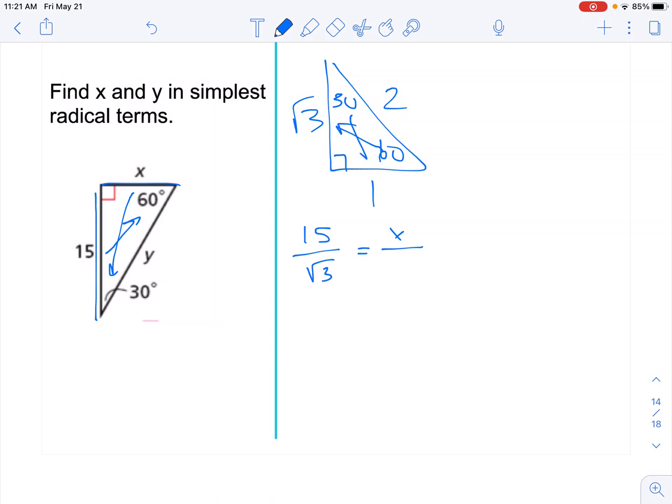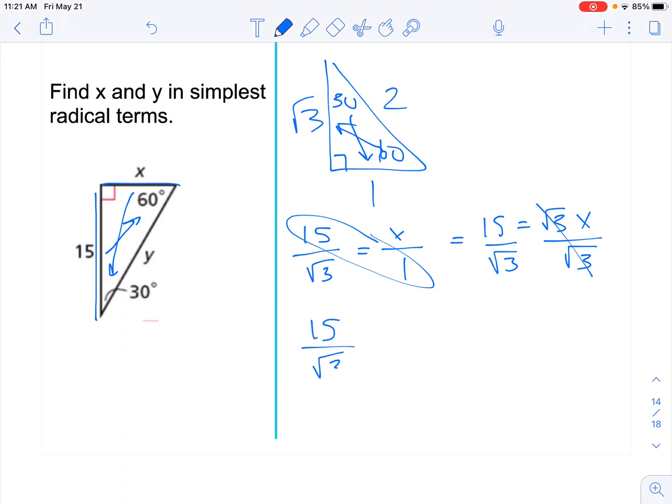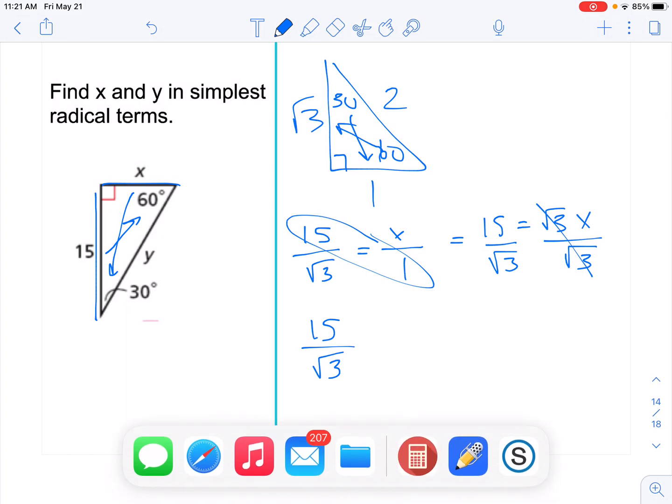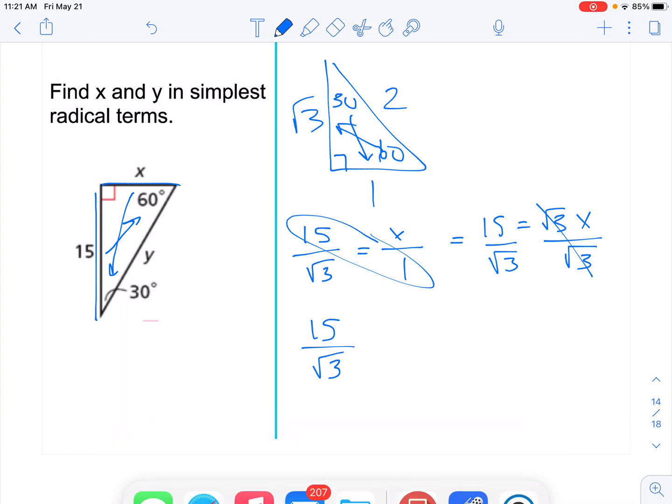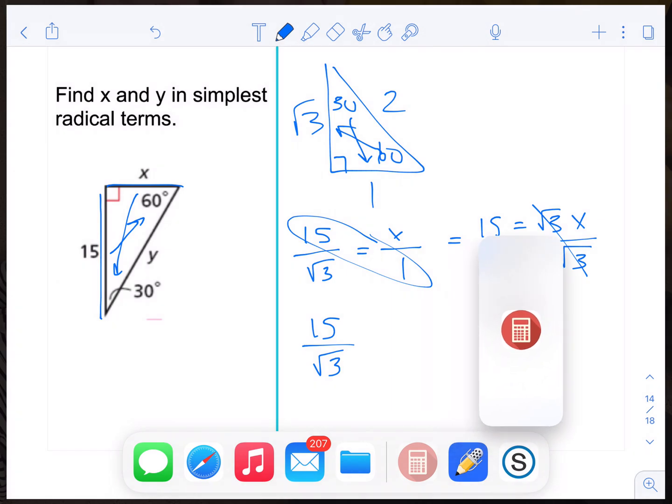The side across from 30 is 1. Cross multiply. 1 times 15 equals the square root of 3 times x. To get x alone, I divide by the square root of 3. And I can leave my answer as 15 divided by the square root of 3, or I can grab my calculator and do 15 divided by the square root of 3.